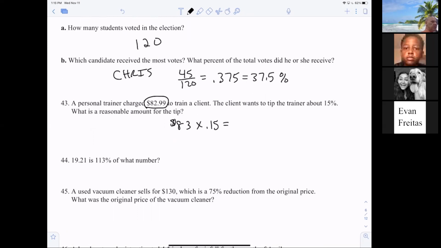Most of the time we don't say $12.45, we just say $13 or something like that. But if you said $12.45, I don't really care, especially since we're using a calculator. 82.99 and 83 is pretty much exact, right?